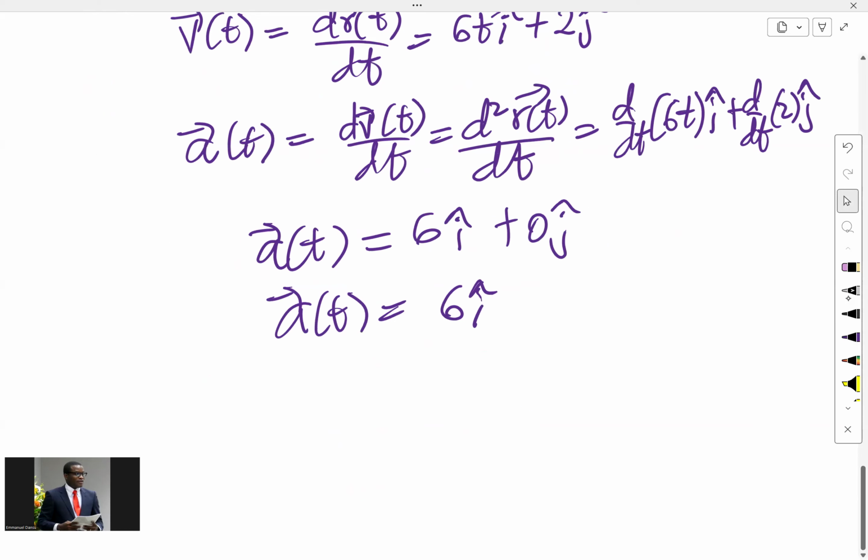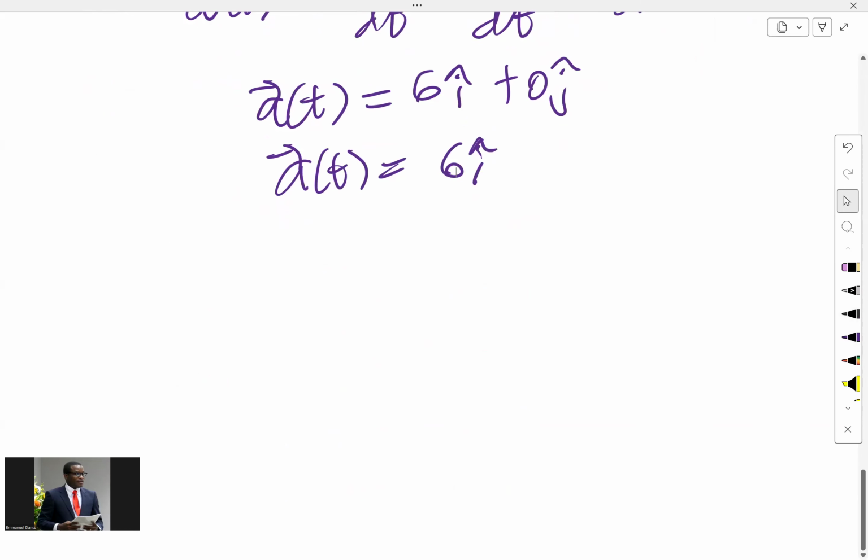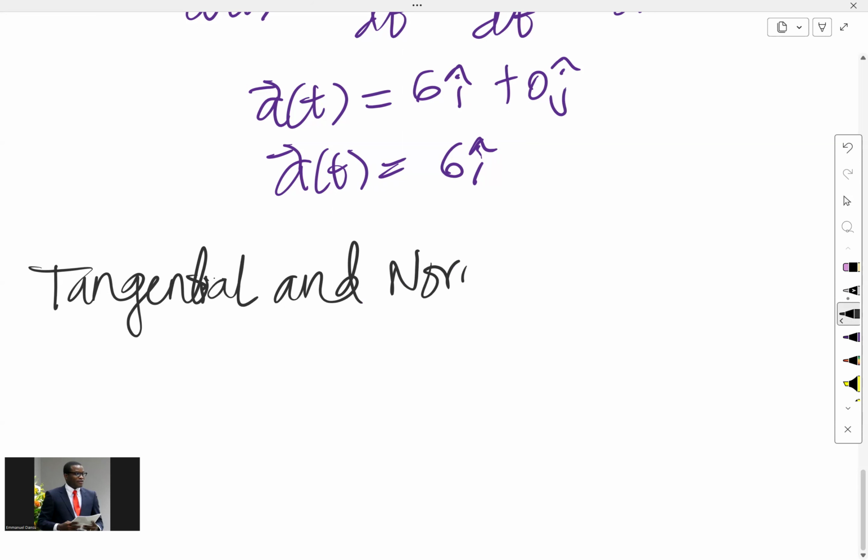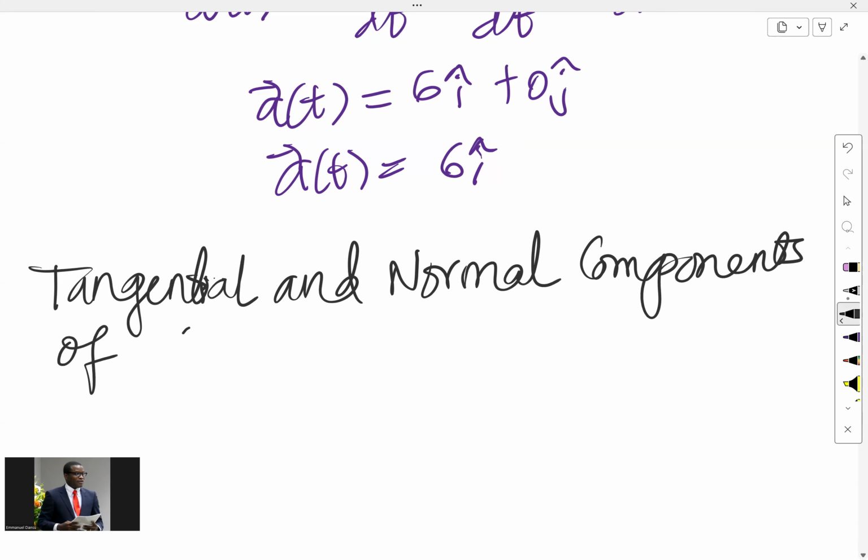So let's go back and talk about the tangential and normal components of acceleration.